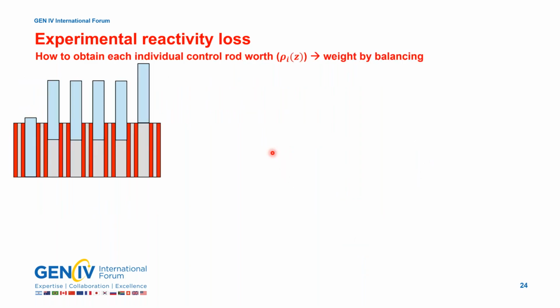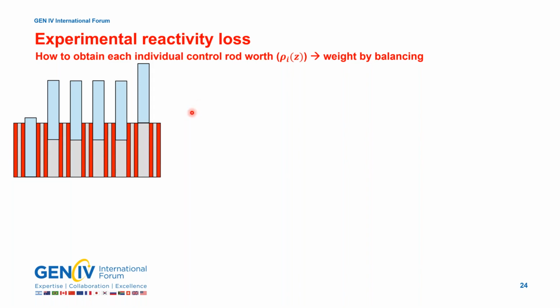For that, we need a control rod worth experiment called weight balancing in Phenix, and the reason is that we needed an experimental control rod worth at the beginning of cycle, because we need this value to estimate the reactivity loss at the end. And we have chosen cycle 42 because there was this type of experiment at the beginning of cycle.